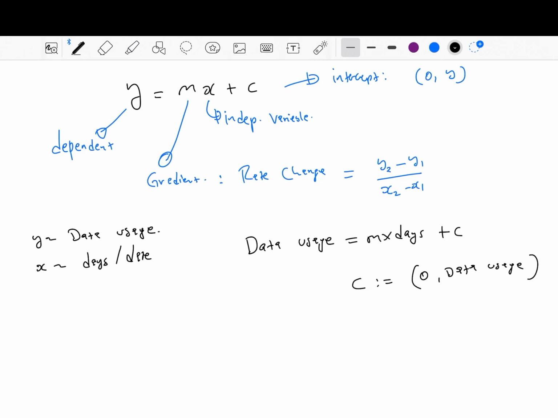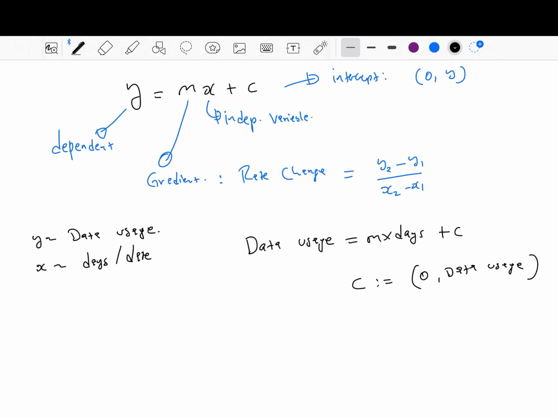Day 0. Day is 0 in this case. When days is 0, how much data have you used? You haven't started using your data yet. You haven't even used your data. How much data have you used? 0. So when day is 0, your data usage is 0.